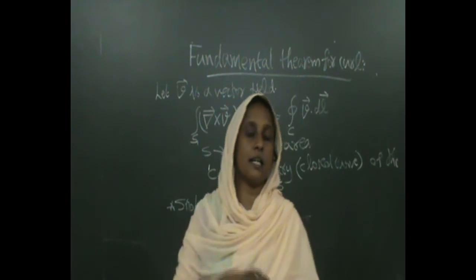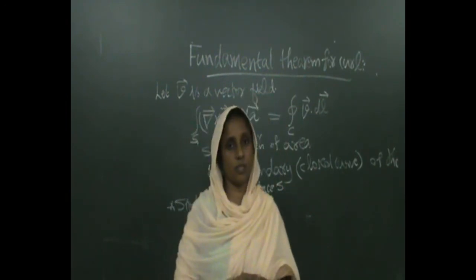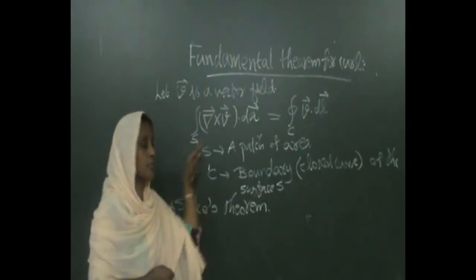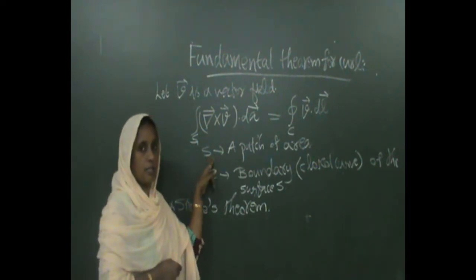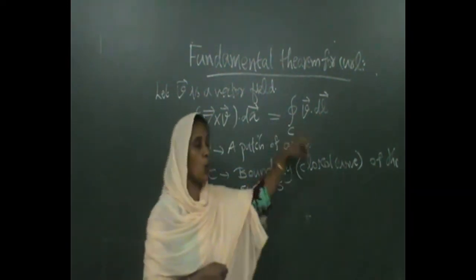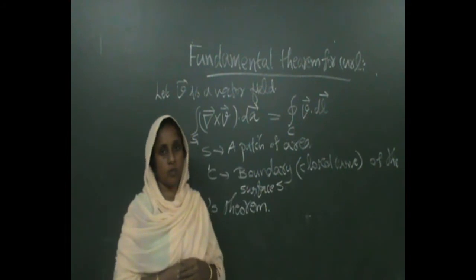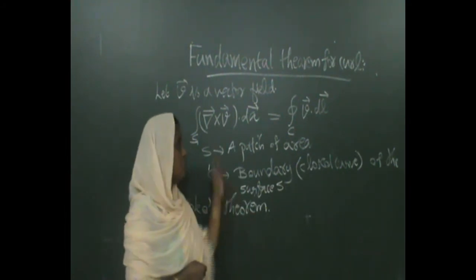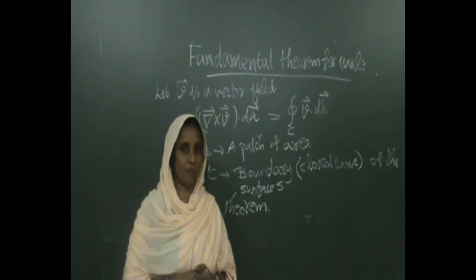This line is the boundary of the surface. If you consider a patch of area S, its boundary is a closed curve C. This theorem is called Stokes theorem.